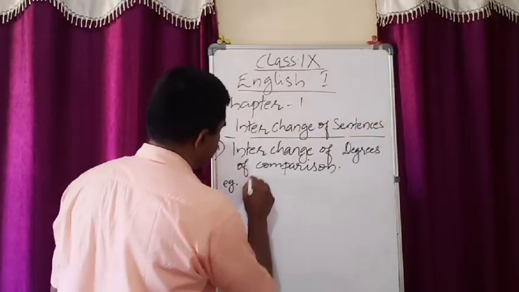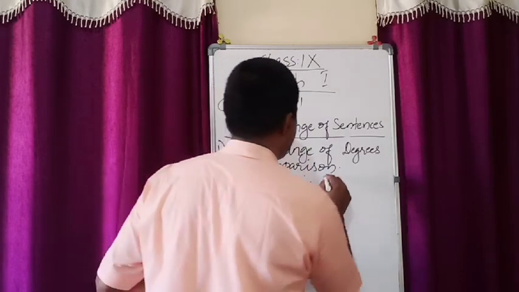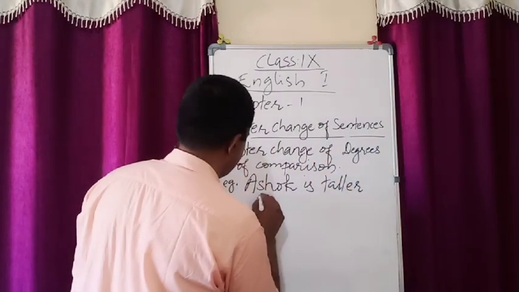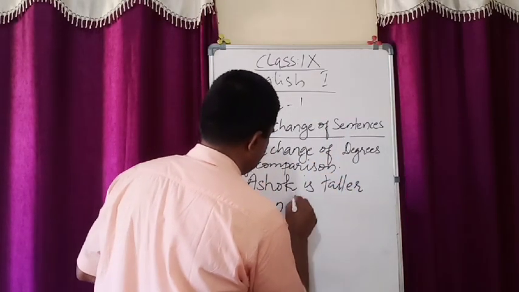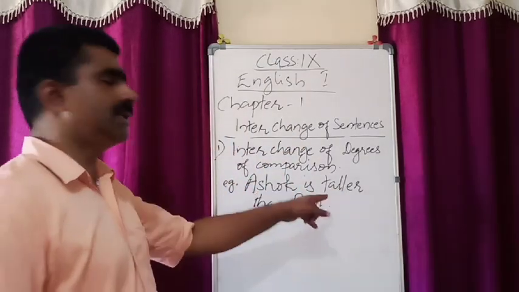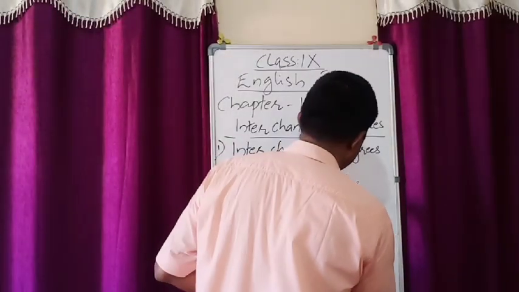Example: Ashok is taller than Ravi. So this is a comparative degree.